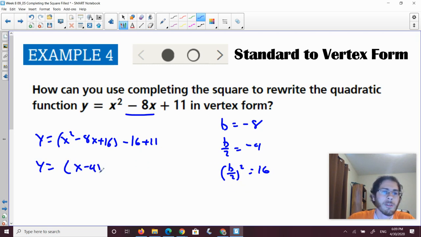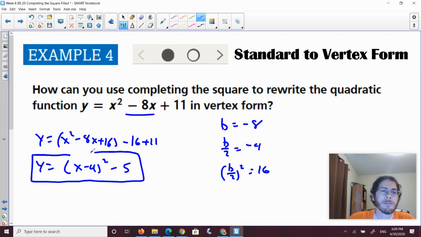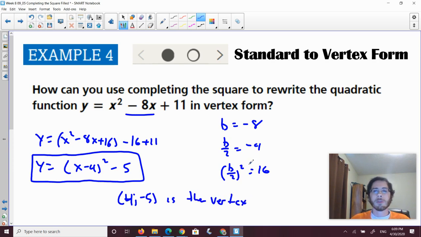So x minus 4 squared, that's going to be minus 5, and we're done. That's it. We have vertex form. So our vertex is going to be positive 4, negative 5. That's all we have to do, just a nice little completing the square.